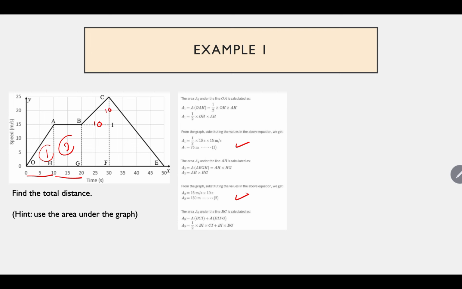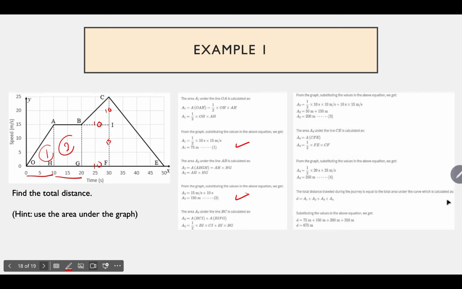So half times 10 times 10. For the rectangle BIFG, I'm going to do base times height. My base is 10, and my height is 15. So 10 times 15. Hence, the answer is 200 meters.